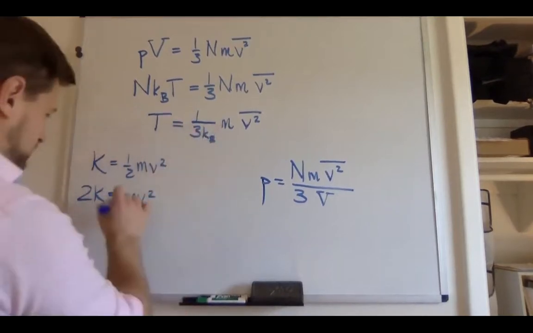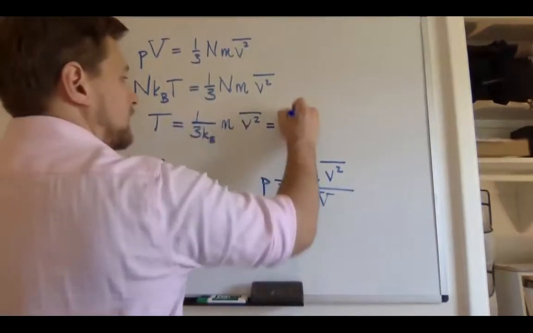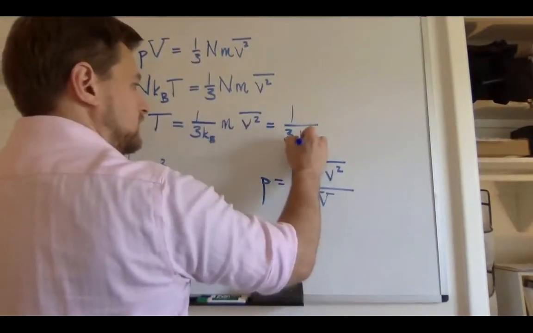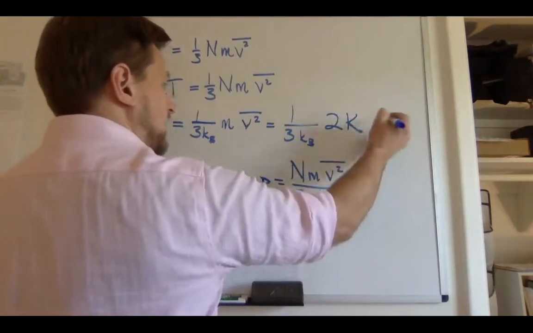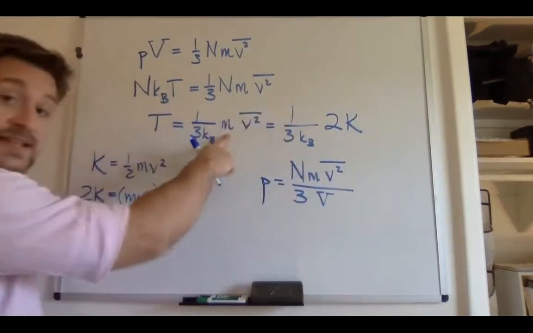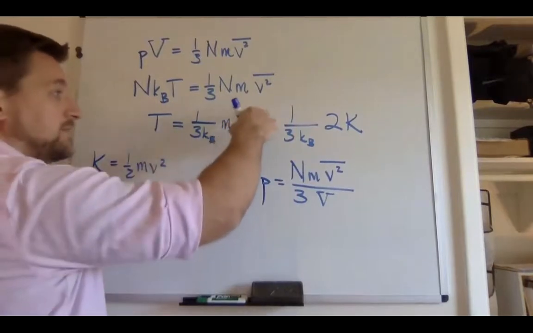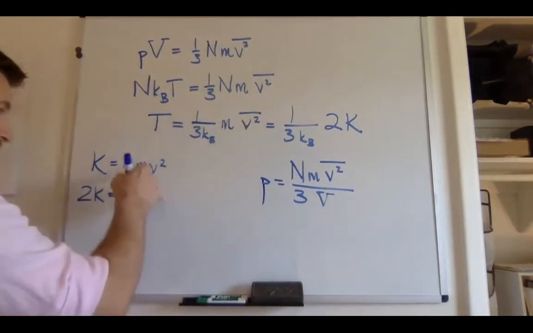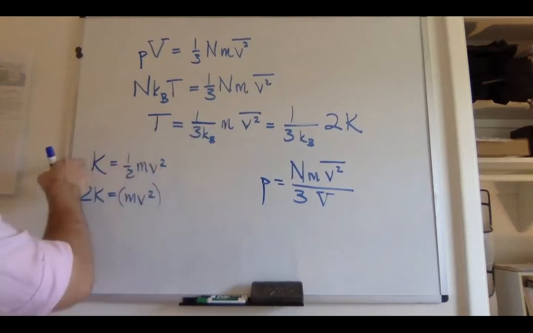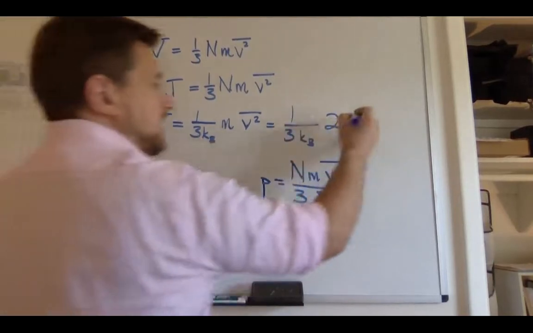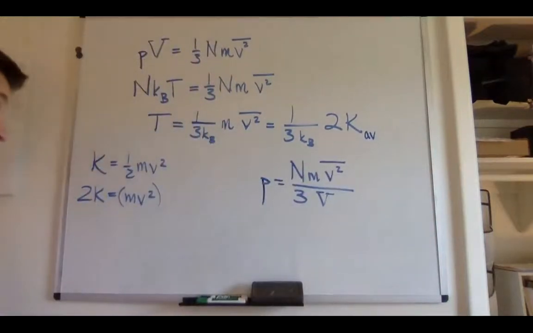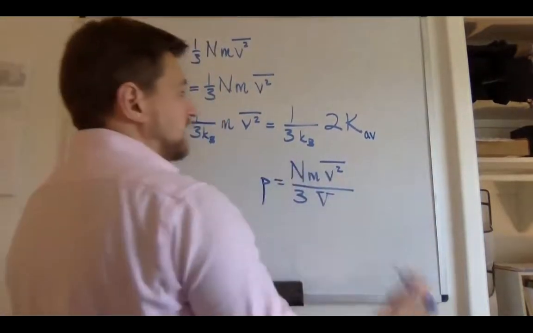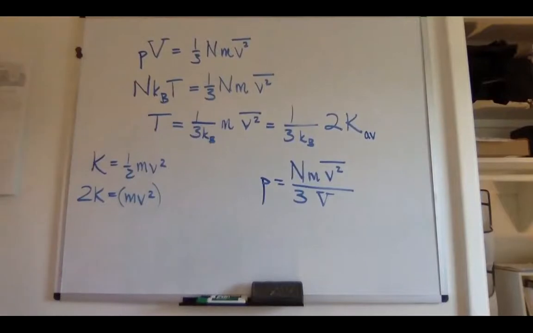So we can just plug in 1/3 k_B and 2K average. Each one has mass m, but this is the average square speed. So we average this side, so we're averaging this side. It's the average kinetic energy. The average molecular kinetic energy. Whoa.